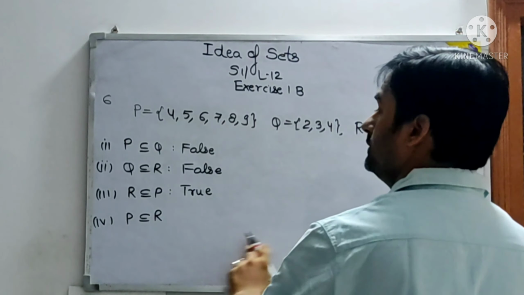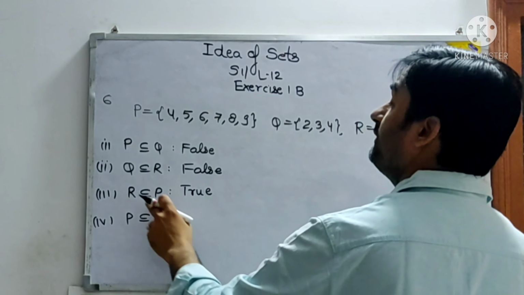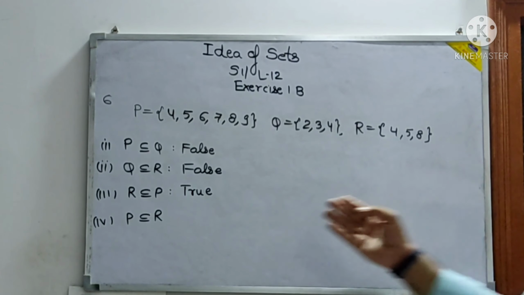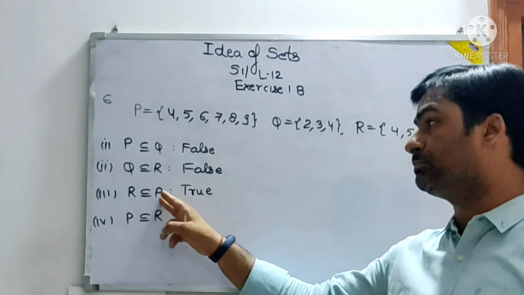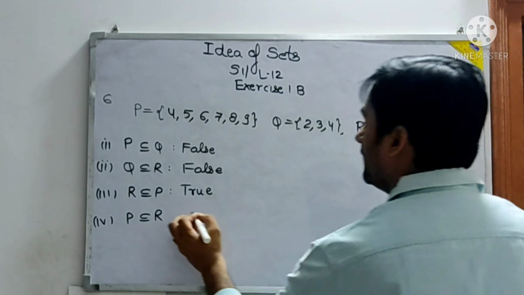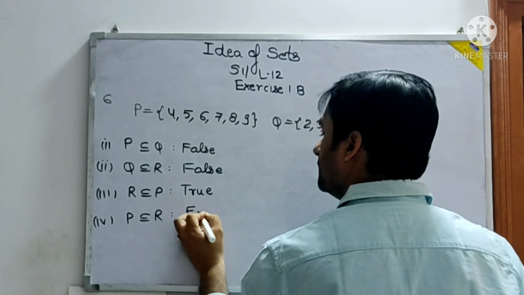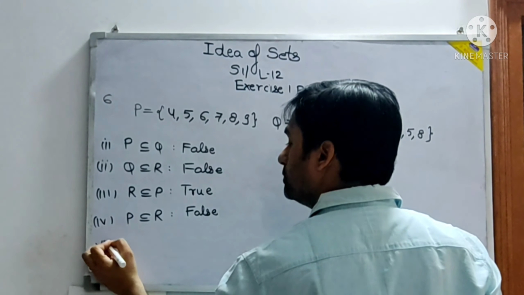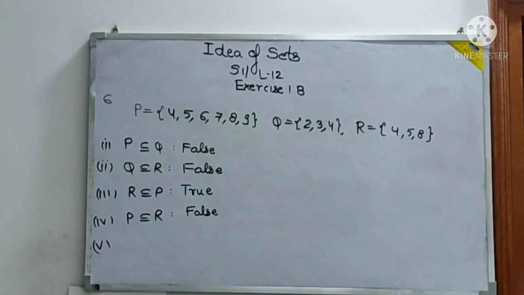Since just now we have seen that R is a subset of P, that means P is the superset. So how can P be subset again? So this will be again false only.